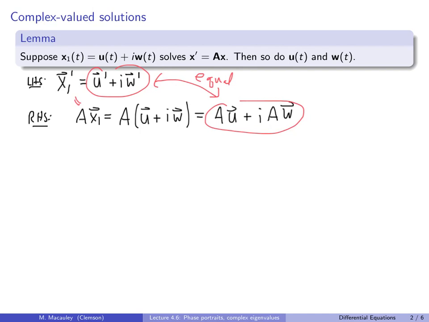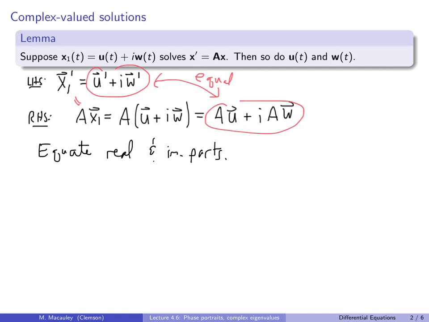I didn't write that down, but let me add that. If we want to equate these two, we have to equate the real parts and the imaginary parts both. So let's equate real and imaginary parts.